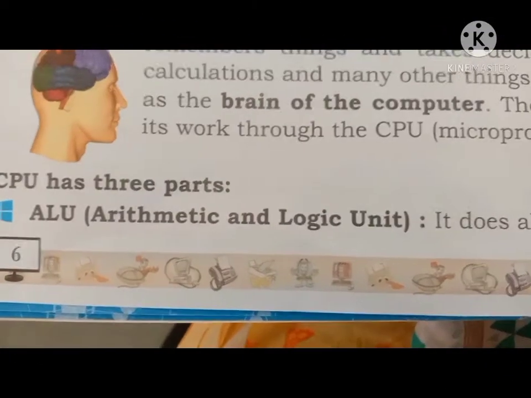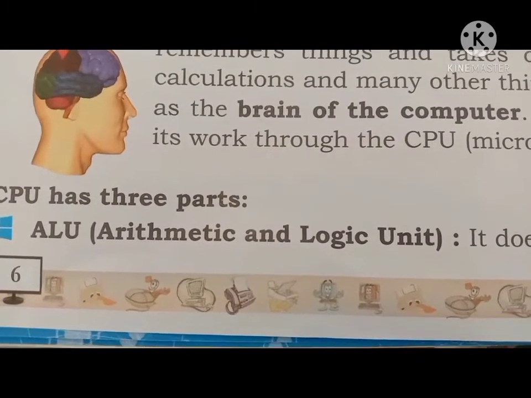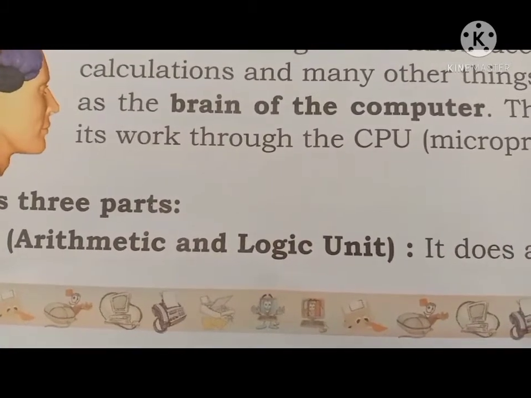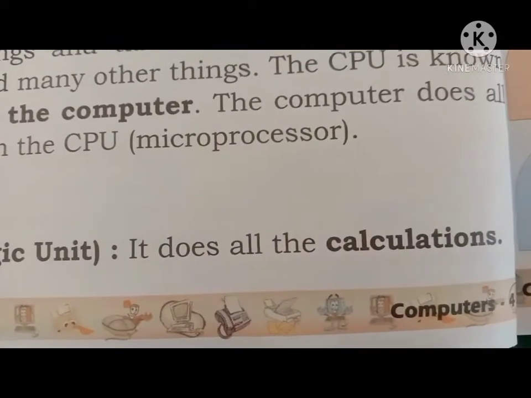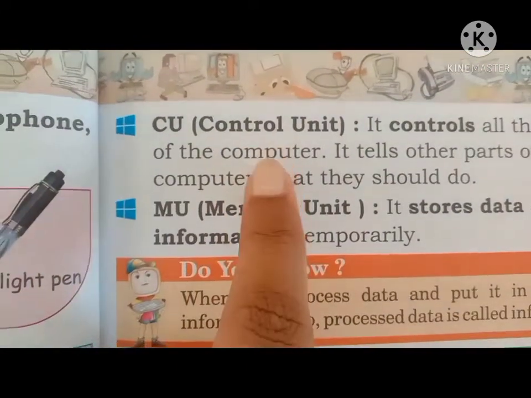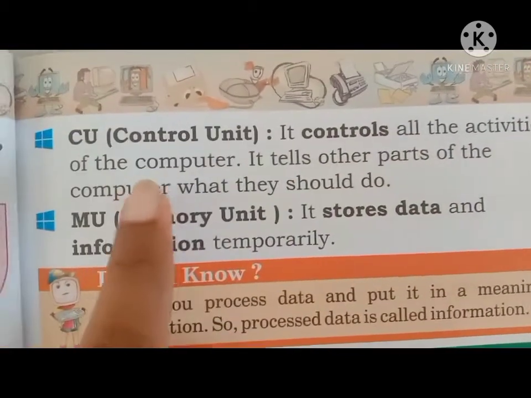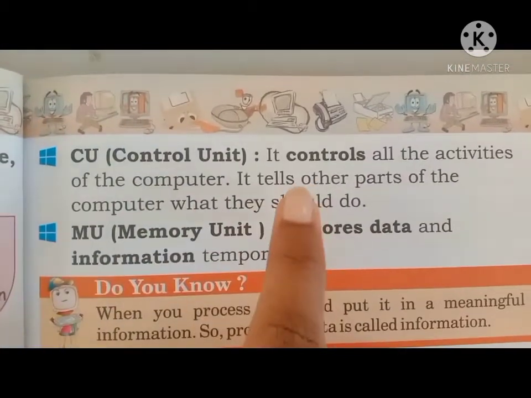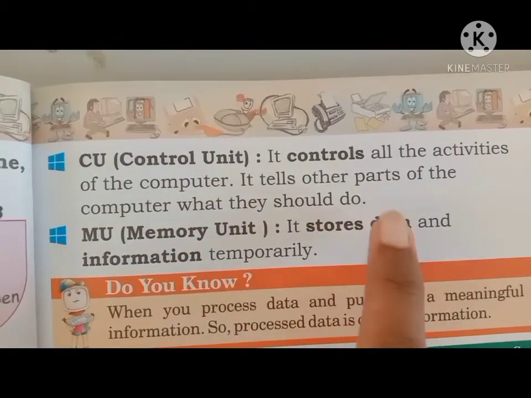CPU has three parts. Number 1, ALU, which stands for Arithmetic and Logic Unit. It does all the calculations. Number 2, CU, Control Unit. It controls all the activities of the computer. It tells other parts of the computer what they should do.